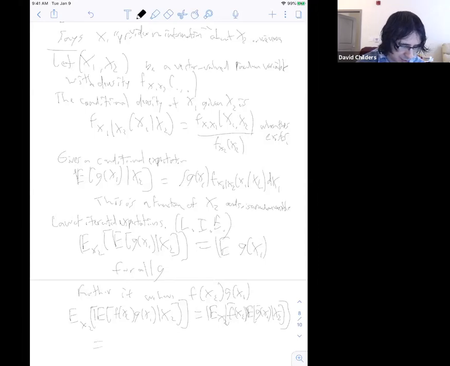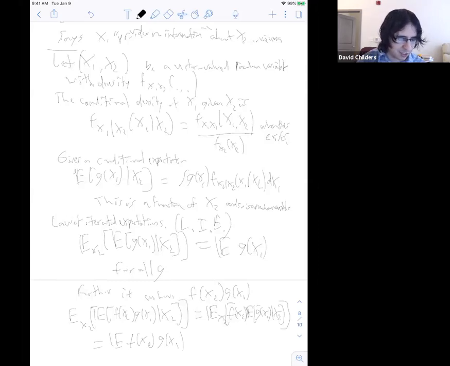And then this again is equal to, so we can pass through the law of iterated expectations, and this is just equal to the expectation of f of x2 times g of x1. And so in the axiomatic definitions, they actually start here and move back to the density characterization.